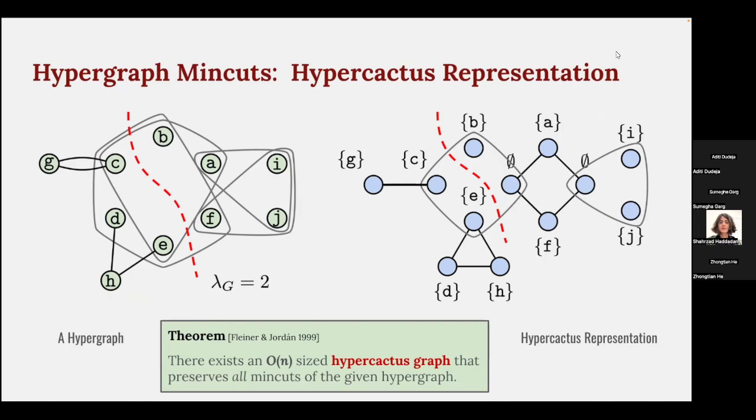And this mincut disconnects the graph into several parts, like this part, and this part, 4 parts. And this hypercactus could capture this. I think I misunderstood. So this is for hypergraph. Yeah, this is for hypergraph. Okay. All right.